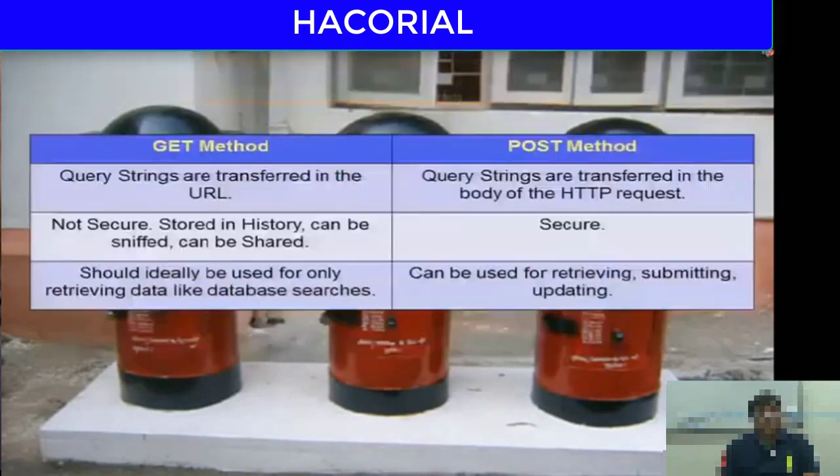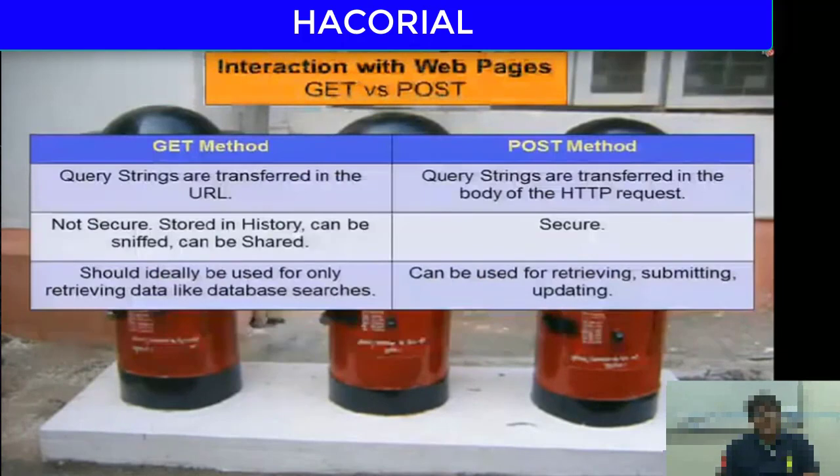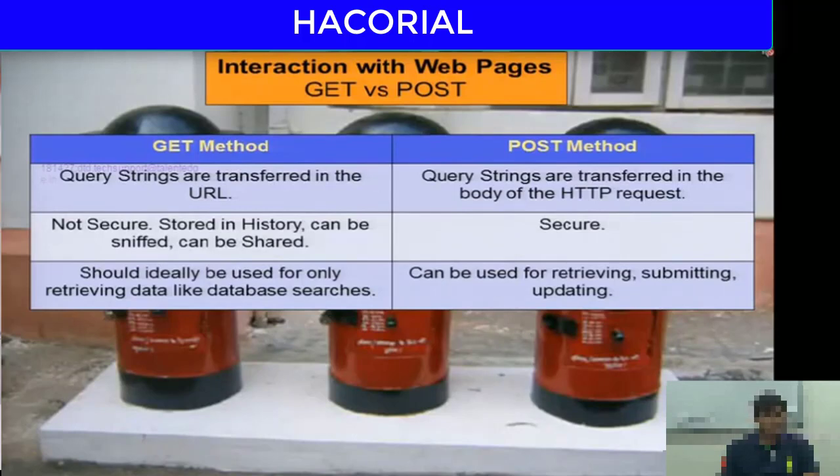So now we understand what query strings are. Essentially, query strings are the form data that you have filled up on a website, and the data has to go from your computer to the remote website. How does it get transmitted? It is transmitted using query strings. Now there are two ways in which query strings can be transmitted. You have a get method and then you have a post method.